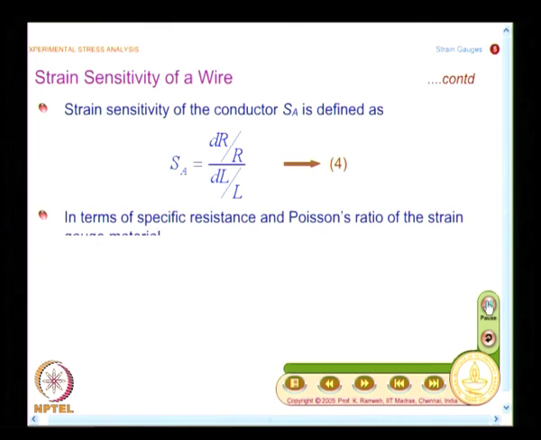So, you define what is known as strain sensitivity of the conductor, S A. You note the way it is written, S suffix capital A, and we define S A as the ratio of dr by r divided by dl by l.